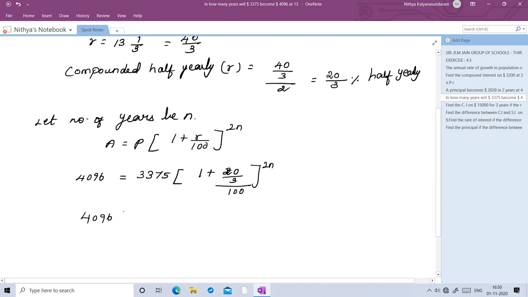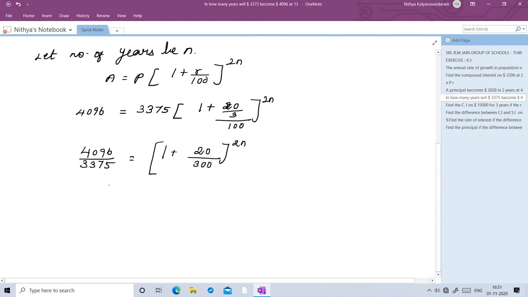4096 is in multiplication. If you bring it this side, it becomes division. So 4096 divided by 3375 is equal to 1 plus 20 by 3, and division by 3 means we multiply 3 into 100, which is 300. So 4096 divided by 3375 is equal to (300 plus 20 is 320, divided by 300) whole power 2n.